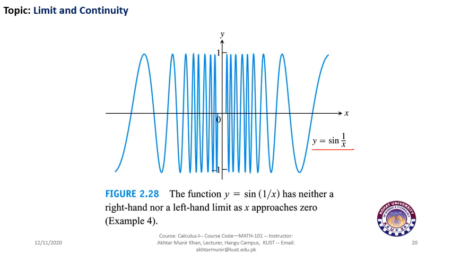So there is no fixed value for the limit of the function, because the oscillation keeps increasing. That is why the limit at x equal to 0 does not exist. We are trying to find the limit at x equal to 0, not at infinity. So this is the limit of this trigonometric function.